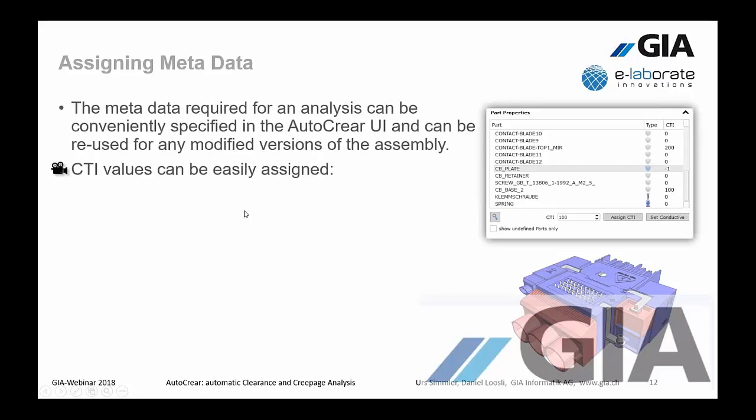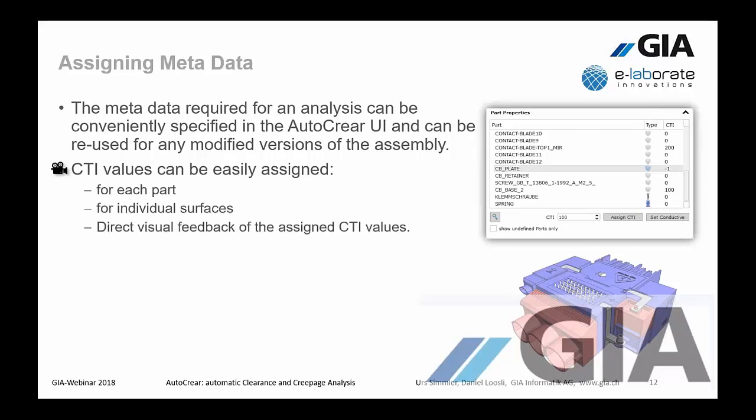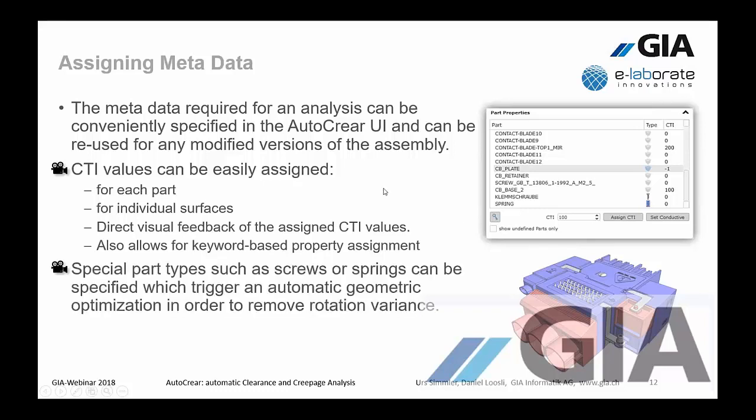And of course this metadata can be easily assigned to the component for each part, even for some special surfaces, and you'll get some direct feedback by changing the colors or by directly unhiding the components when a CTI value is assigned. So it's quite easy to do that step of assigning metadata to our components.